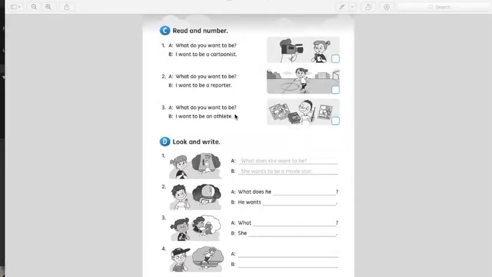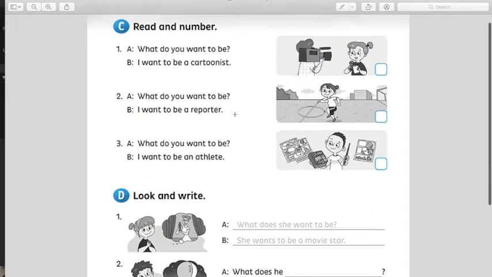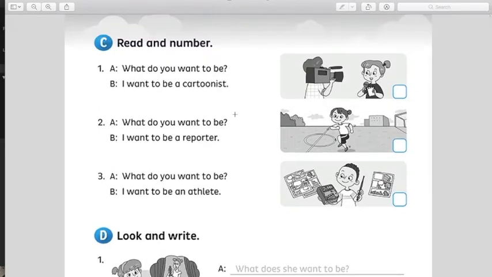So this is letter C, read and number. Like I mentioned, we are going to read the question and answer, and then we're going to match it to the correct picture by putting the number of the question.